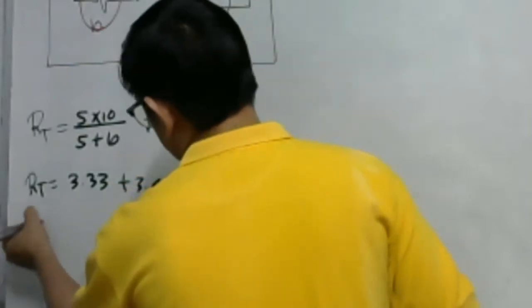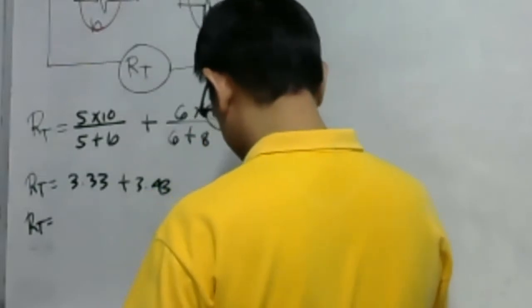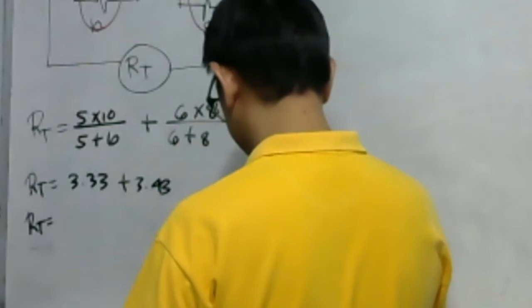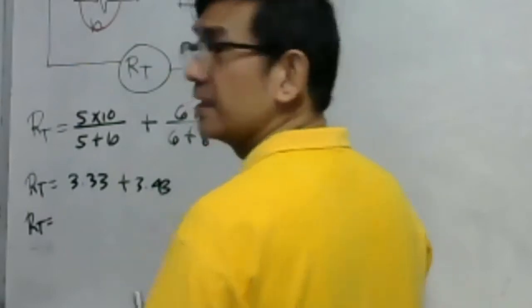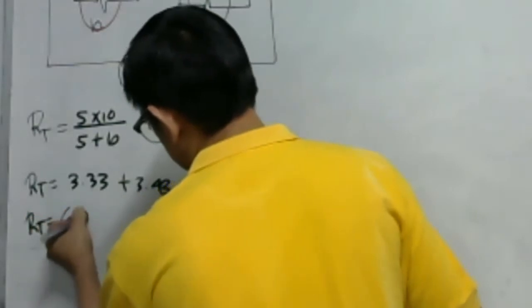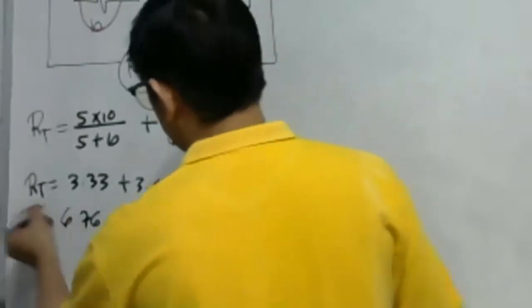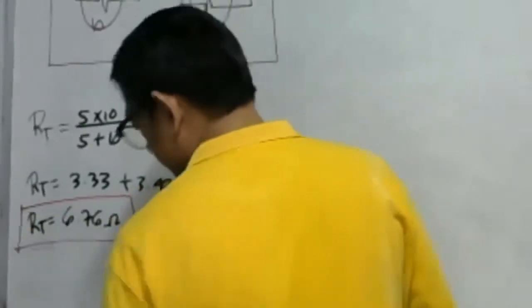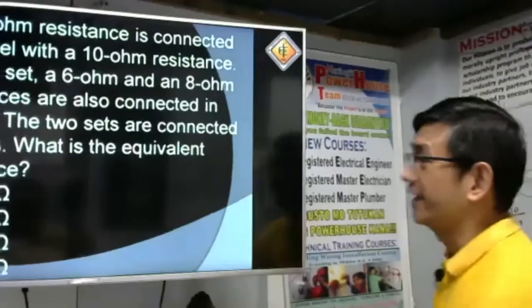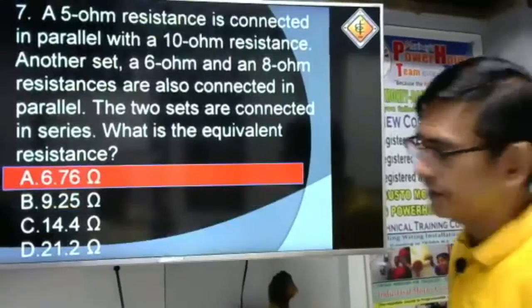So our total resistance would be 6.76. Okay, that is our answer. This is very easy. That is letter A. That is the answer.